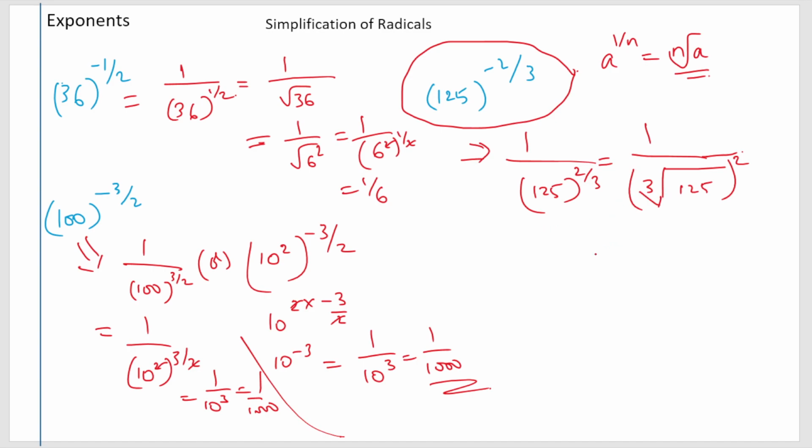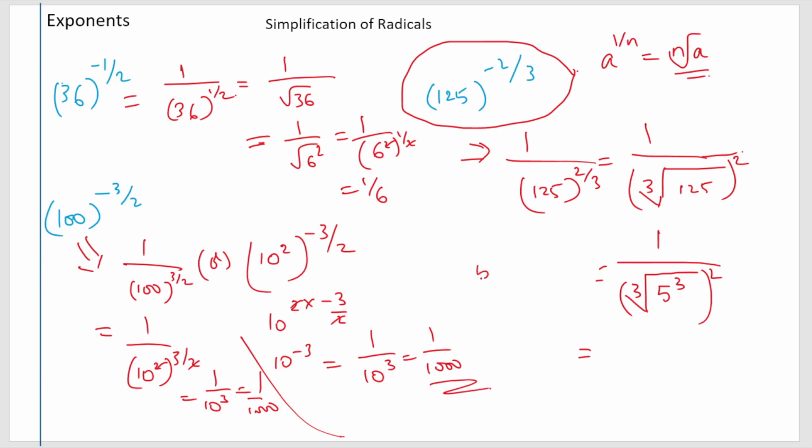So what is 125? 1 by 5 cube, right? 125 is cubed root of 5 cube whole square. So cubed root of 5 cube is 5, because this 3 in this cube will get cancelled.